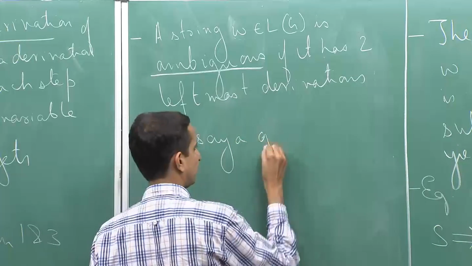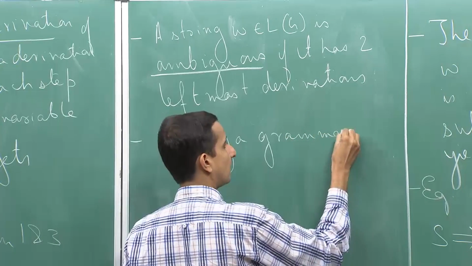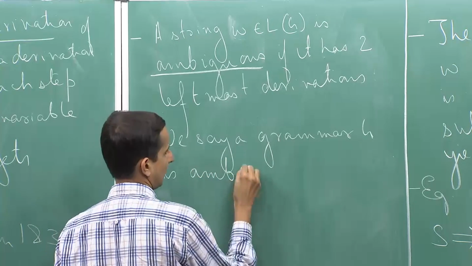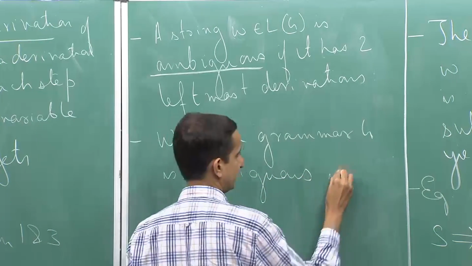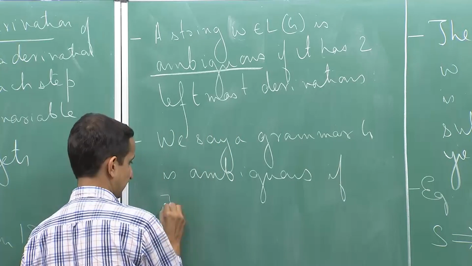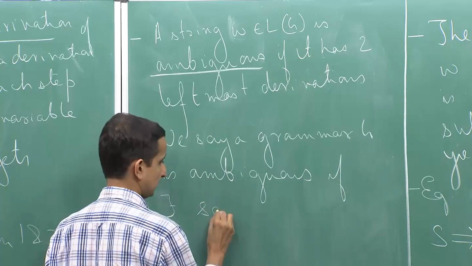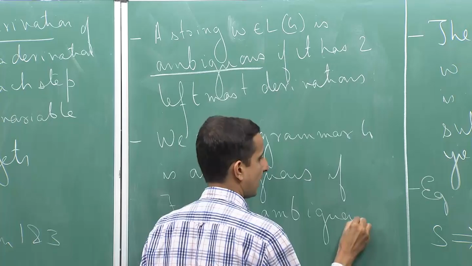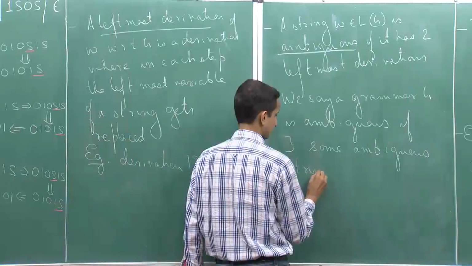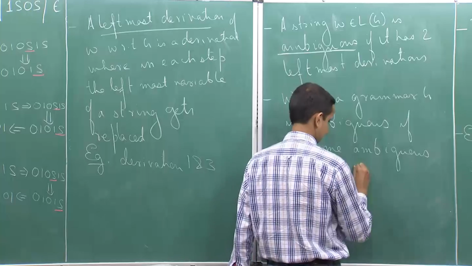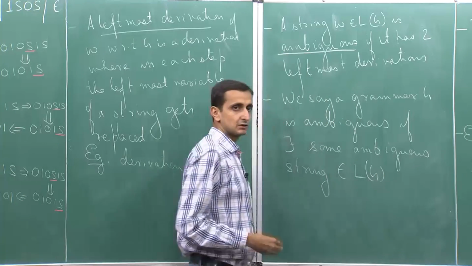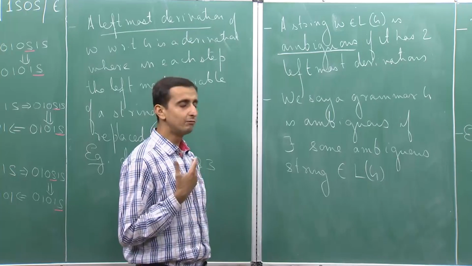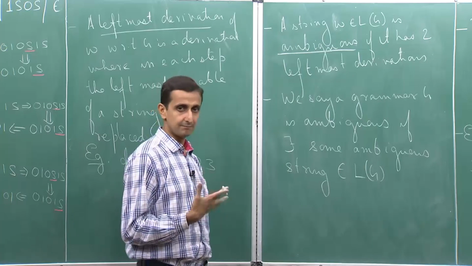We say a grammar G is ambiguous if there exists some ambiguous string in the language of G. So our grammar G2 is an ambiguous grammar, whereas our grammar G1, if you remember, is an unambiguous grammar.